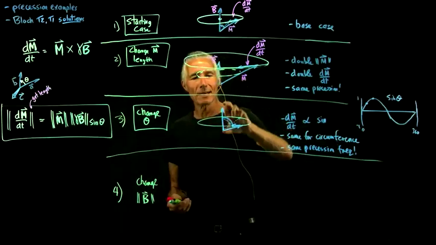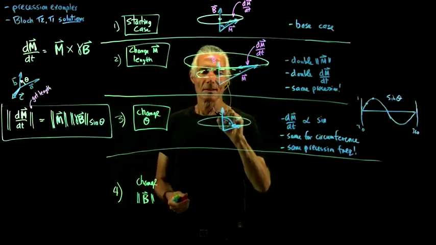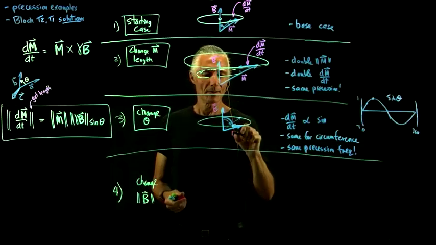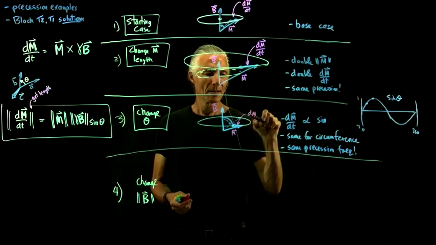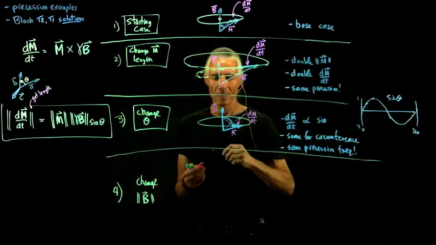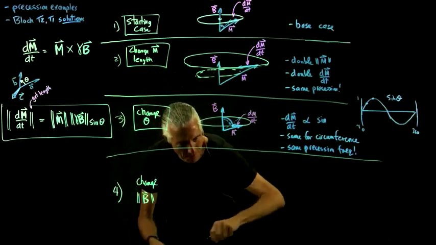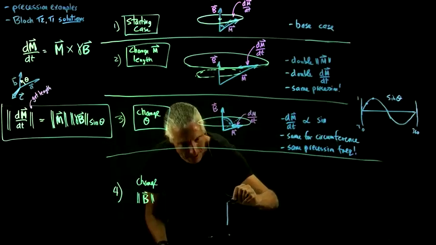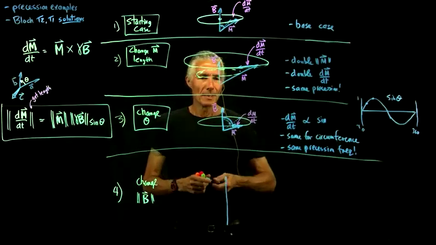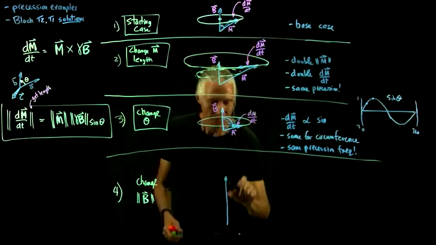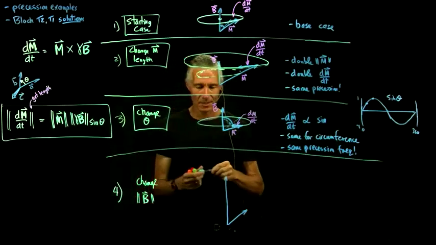And so in that case, I forgot to label the B, so that's the B, there's the M. This guy is the dm dt. So let's double the B. So here's the first half, and there's the second half. So I made a bigger B. And we'll keep the same M that we had originally right here. So here's that original M compared to the starting case.